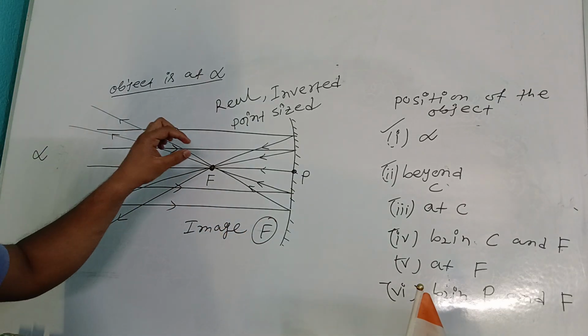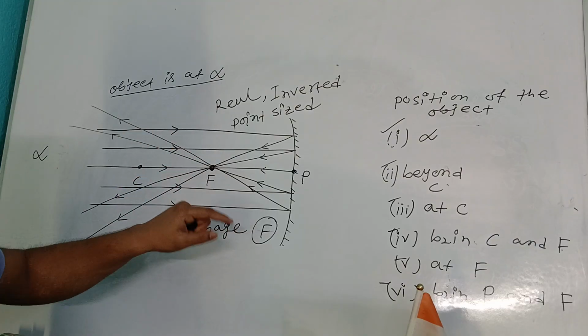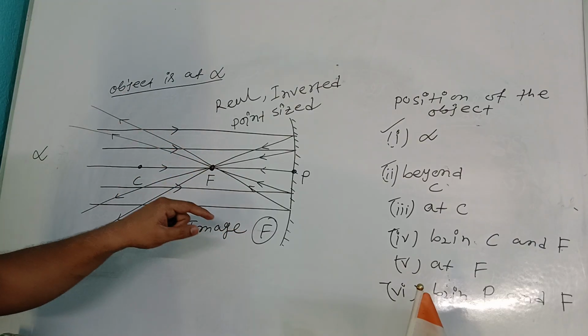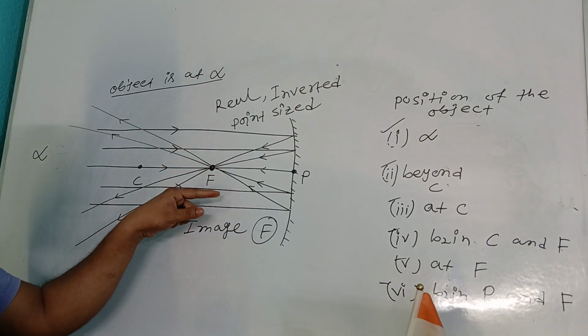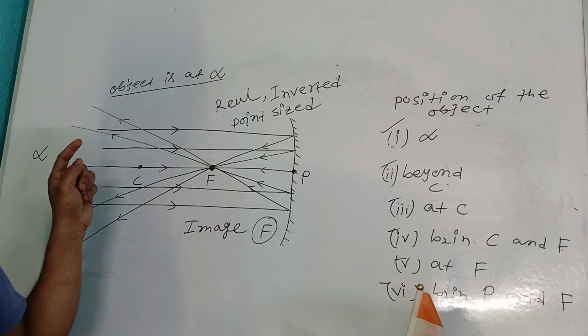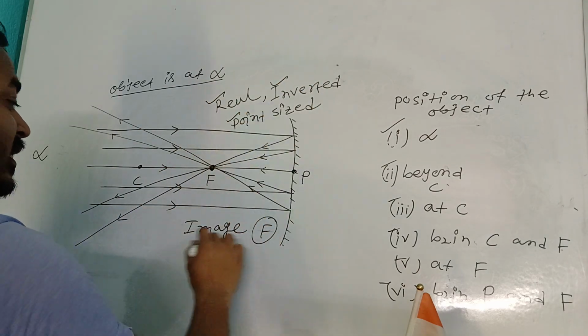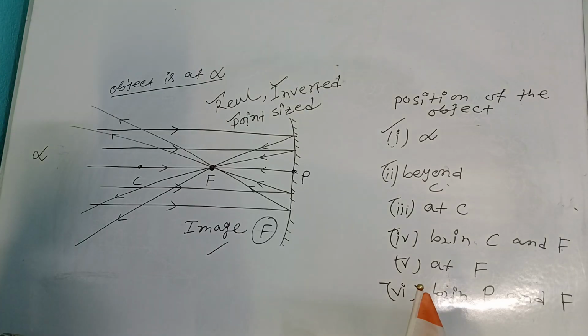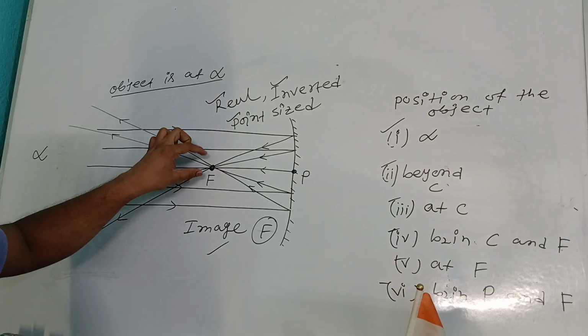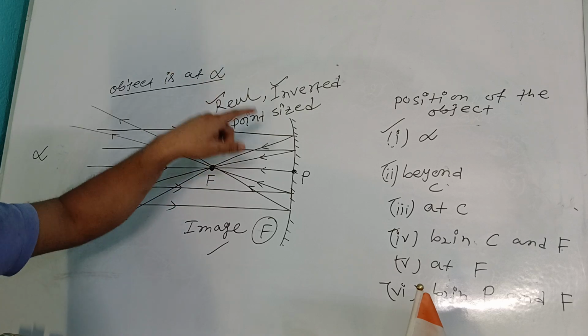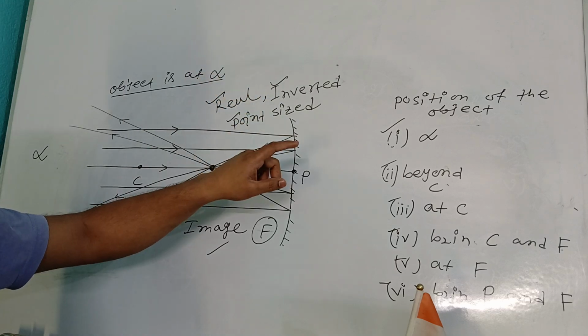F is the image point. So when the object is at infinity, the image will form at f. It is real, inverted, point sized.